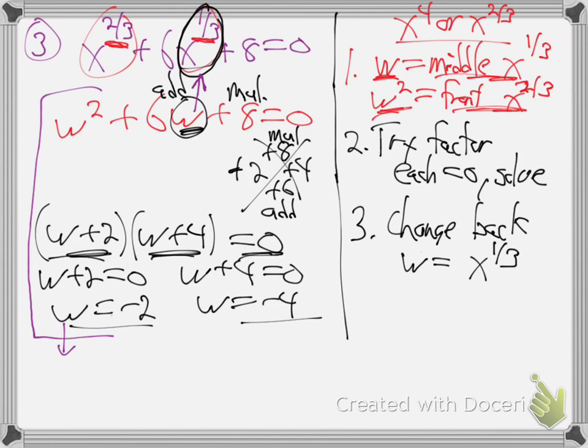W was taking the place of the middle, which is x to the 1/3. So now we know x to the 1/3 is -2 or -4. So how do you turn that x to the 1/3 into, maybe I don't have enough room here, let me back this up.